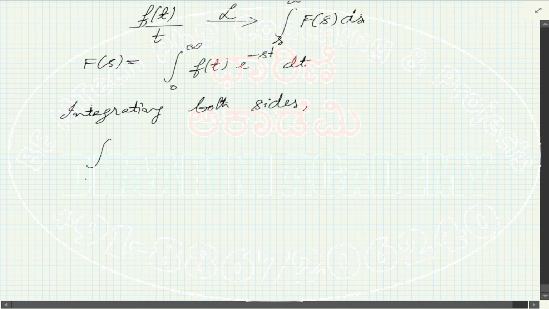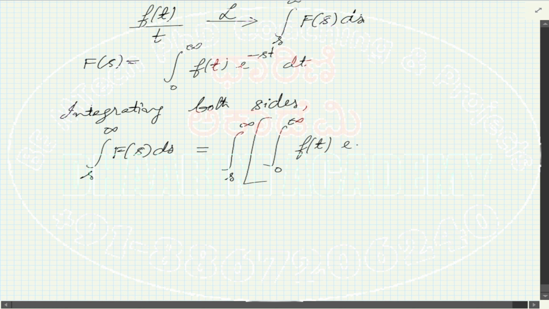So that is integral s to infinity F of s ds should be equal to, now what happens on the right is you get double integrations. First one is integral s to infinity, and the term which is already existing there, that is integral 0 to infinity f of t into e to the minus st dt. So on the outside I have to write a ds.